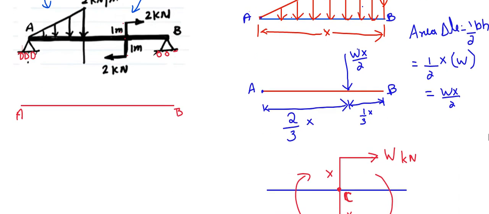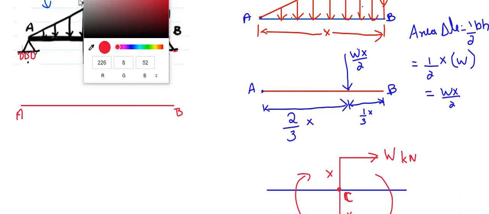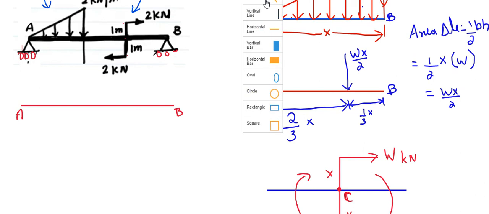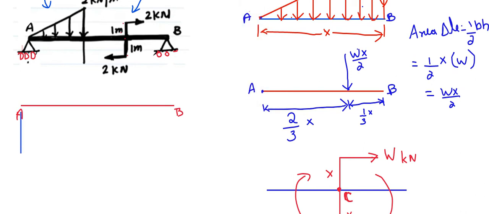So you only have to worry about one reaction acting there, so you have a reaction acting at both of them upwards. This is RA, this is RB.